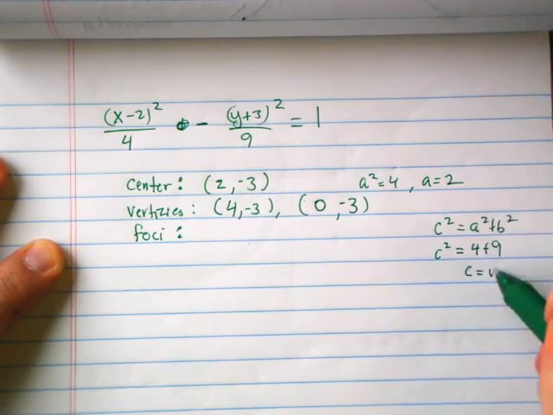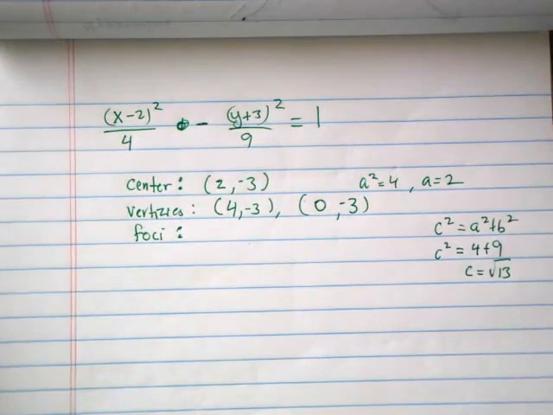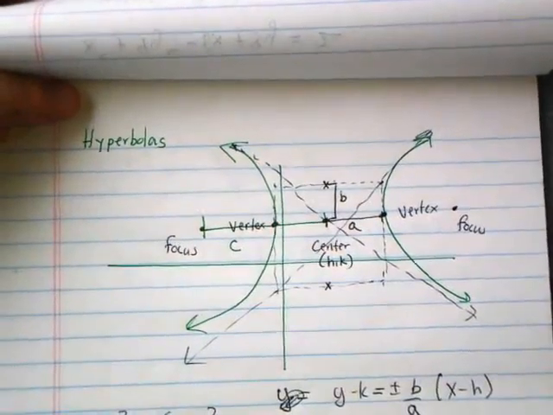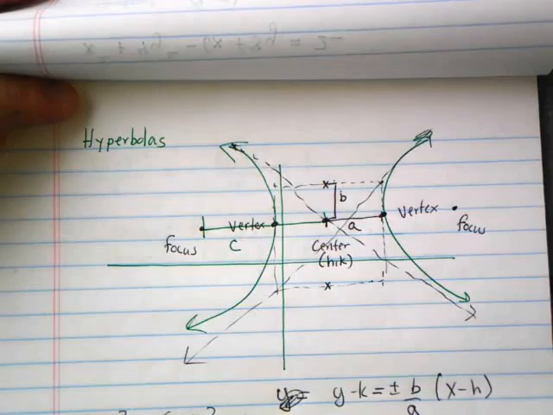So C is the square root of 13. Not a nice number, that's okay. Good question. The co-vertices go the other direction. So if I asked you to find the co-vertices, there aren't any for a hyperbola, are there? Because you see what that B number did? That B number was just kind of strange. It's just kind of up here off the graph. So there aren't any co-vertices.